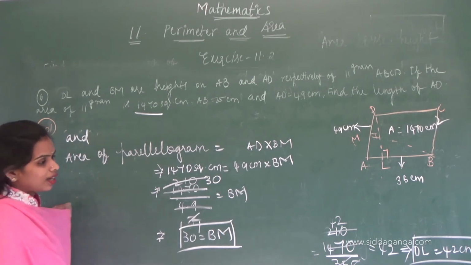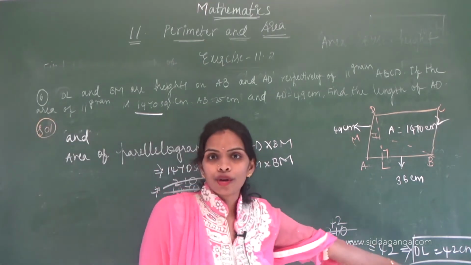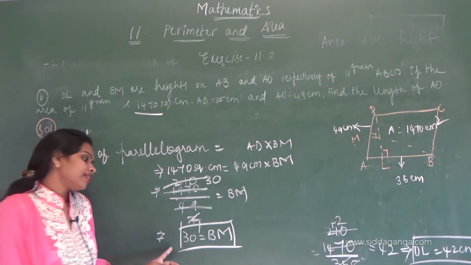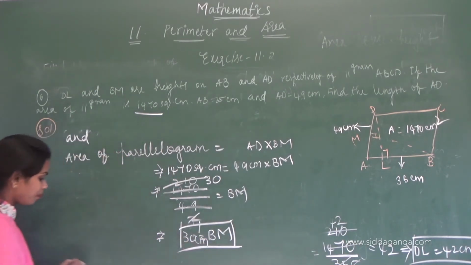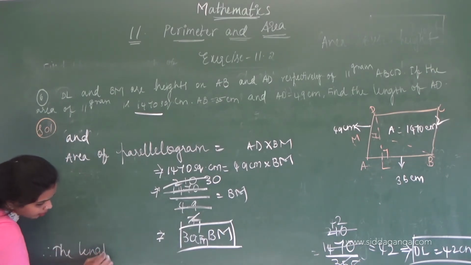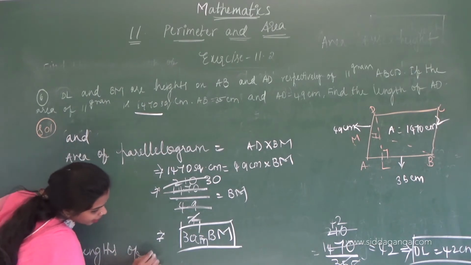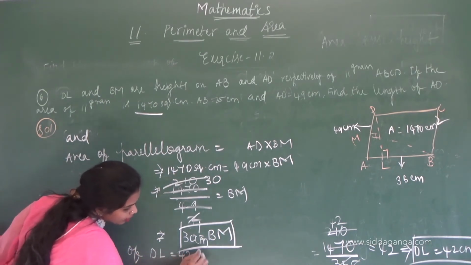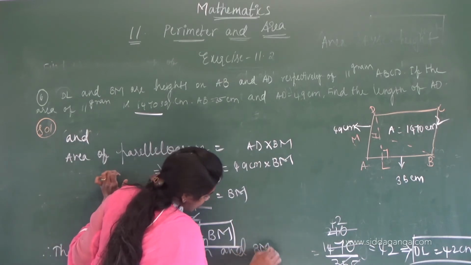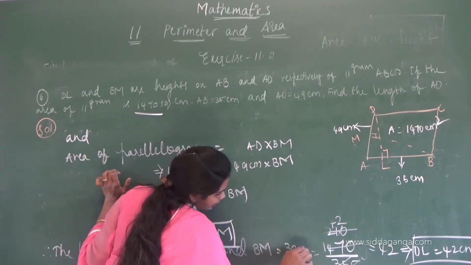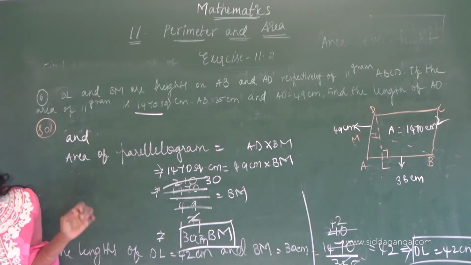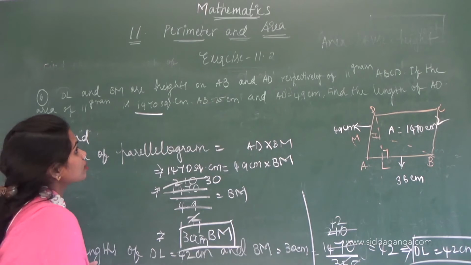Correct children? The length of DL is equals to 42 centimeters and the length of BM equals to 30 centimeters. Therefore, the lengths of DL equals to 42 centimeters and BM is equals to 30 centimeters.